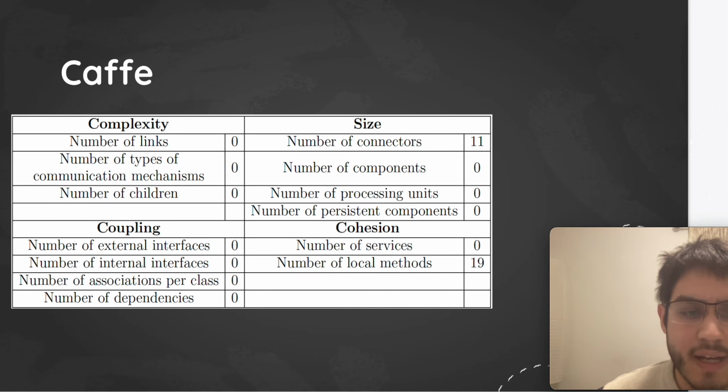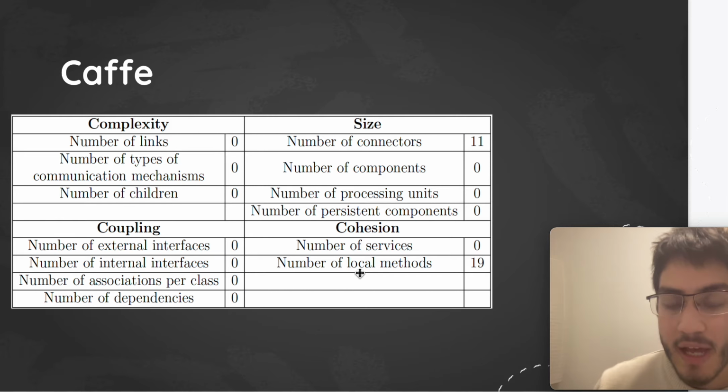For this framework, it doesn't have a lot. It has 0, 0, 0 in the complexity. It has 11 connectors, which is good. But it only has 19 local methods, and it doesn't have any class association.